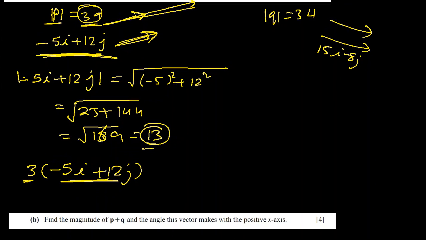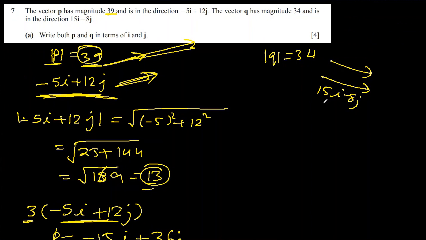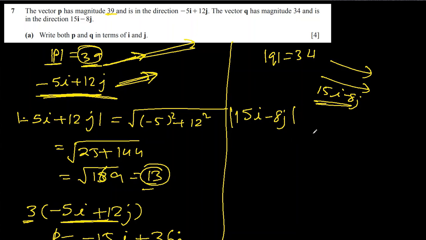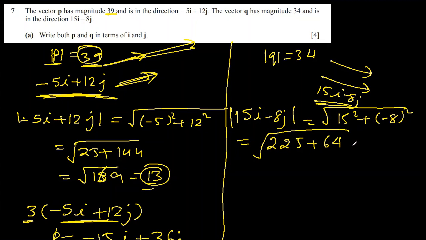So we get p as minus 15i plus 36j. Let's do the same thing with vector q also. First we will find the magnitude of 15i minus 8j, which will be square root 15 square plus minus 8 square, which is 225 plus 64, square root 289, which is 17. 34 is twice the magnitude of 17.